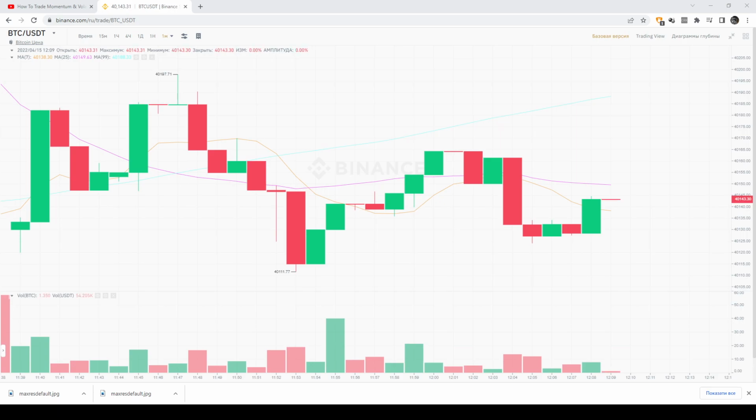The TTM Squeeze indicator visualizes the relationship between the Bollinger Bands and the Keltner channels, which helps to identify when the asset is consolidating, meaning squeezing, and signals when the price is poised to break out.